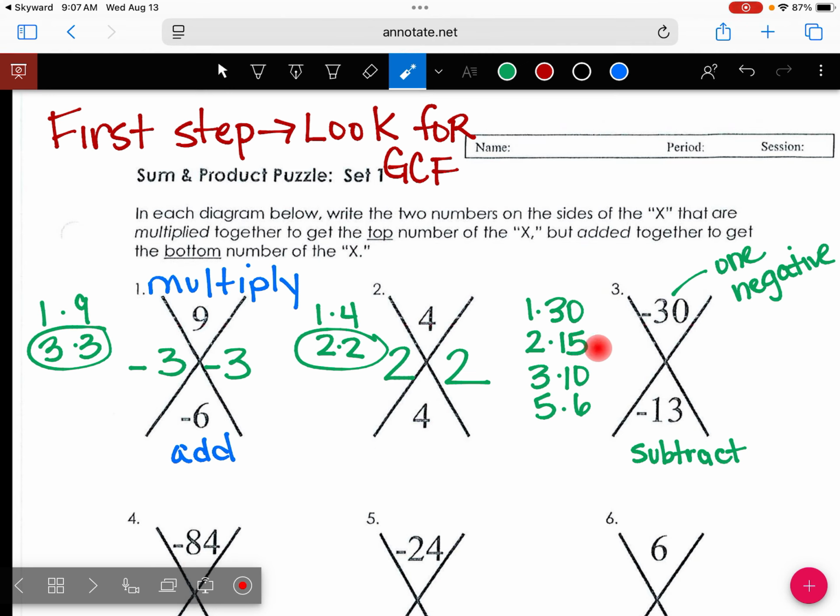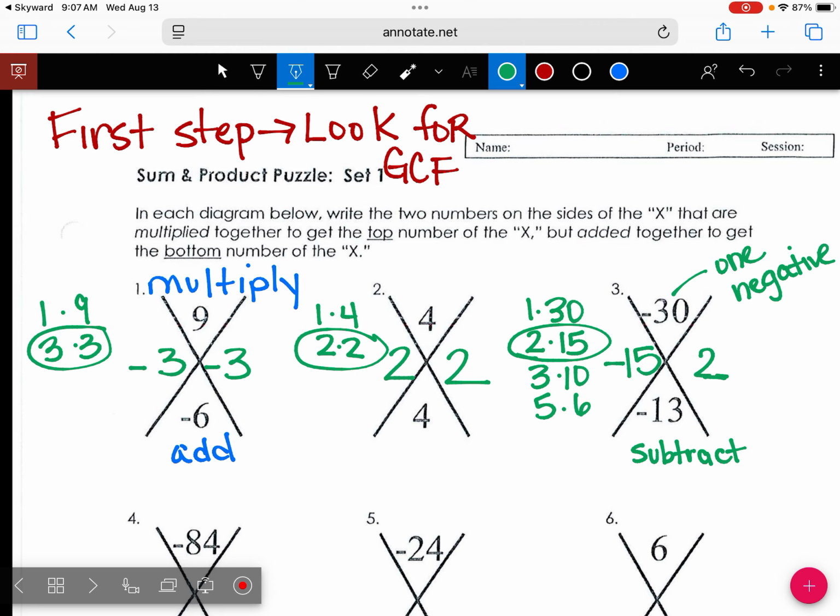Because 15 and 2, if you take 15 minus 2, you get 13. So whatever the sign is of this number down here, the bigger number is going to have that sign. So because the 13 is negative, the 15 will also be negative. That would be my pair.